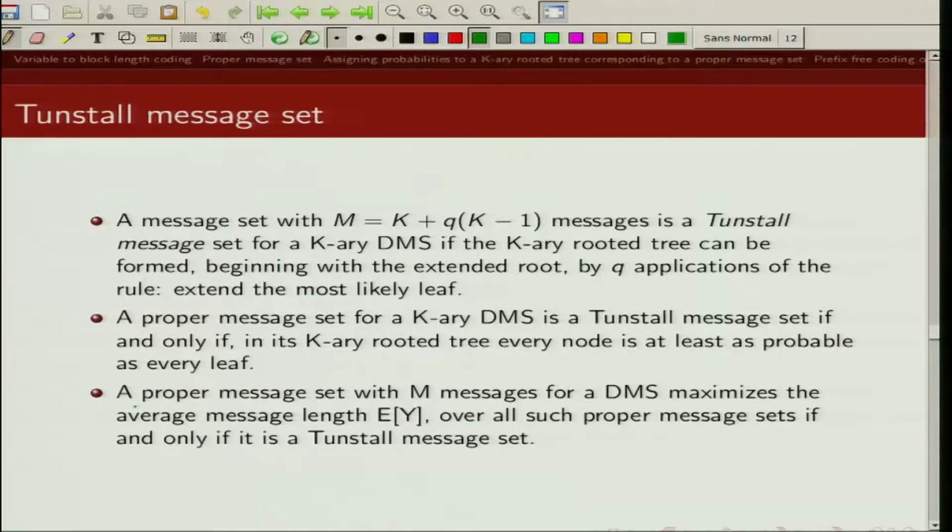It's not difficult to see then that a proper message set with m messages for a discrete memoryless source will maximize the average message length, expected value of Y, over all possible proper message sets if and only if it is a Tunstall message set. And I have illustrated this with the help of an example.